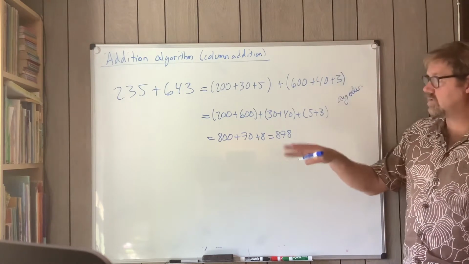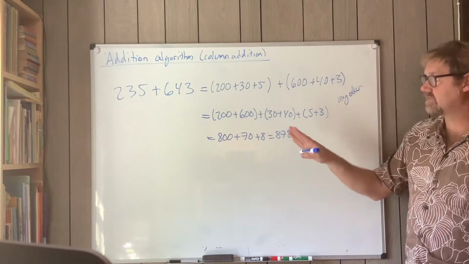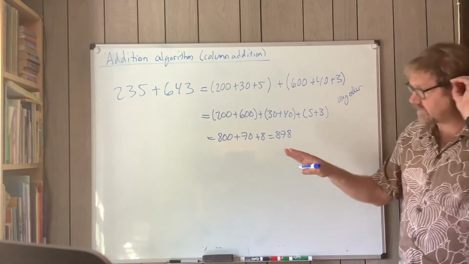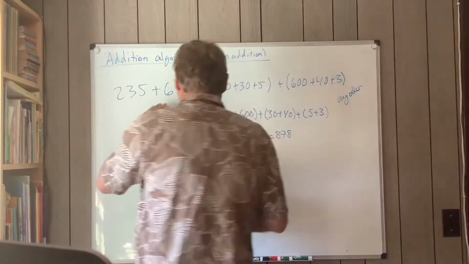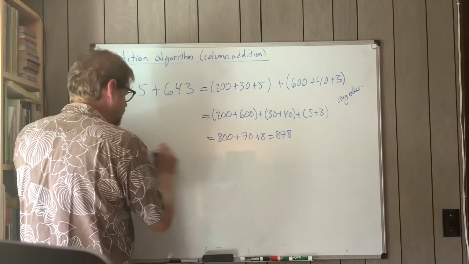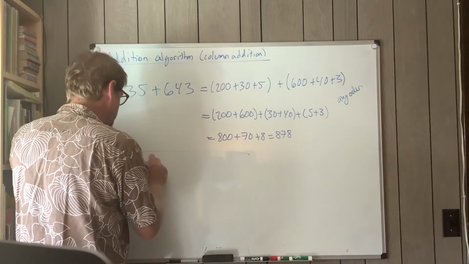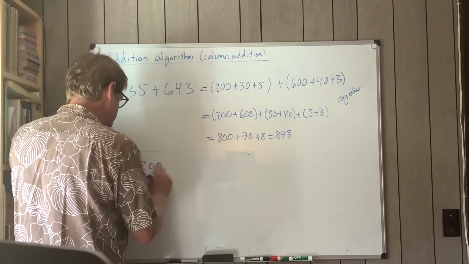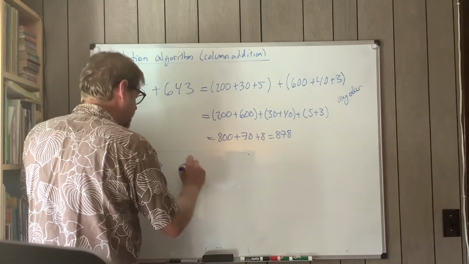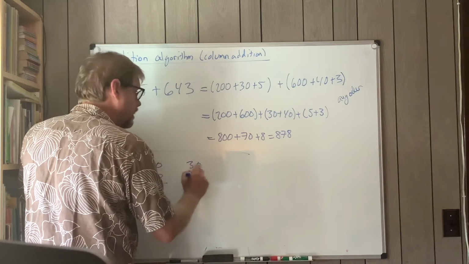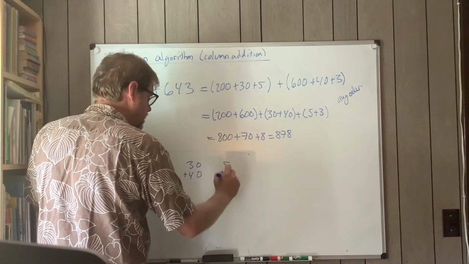So now we're going to think about this in the column format. Again, I could write this as three separate pieces: 200 plus 600, 30 plus 40, and 5 plus 3.